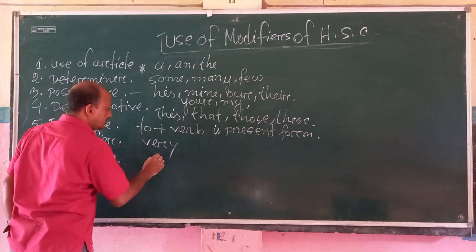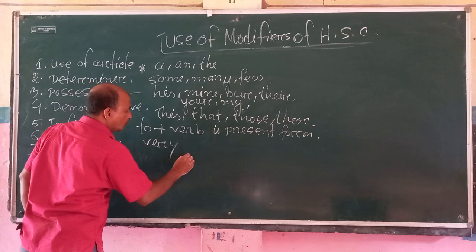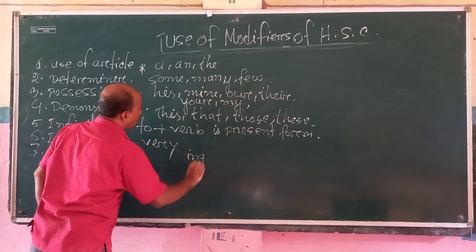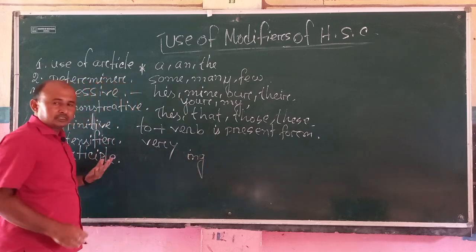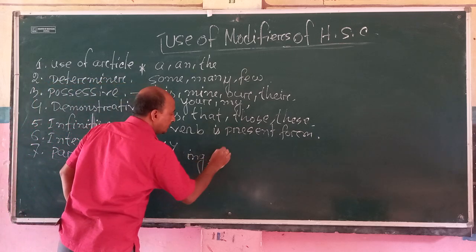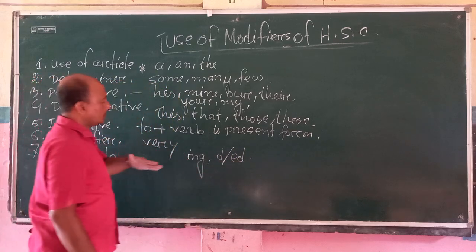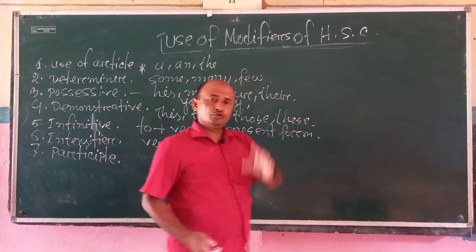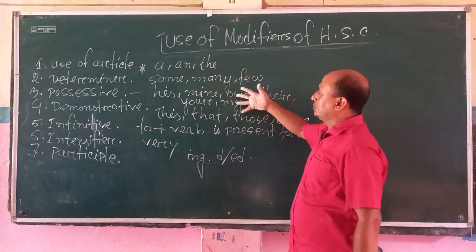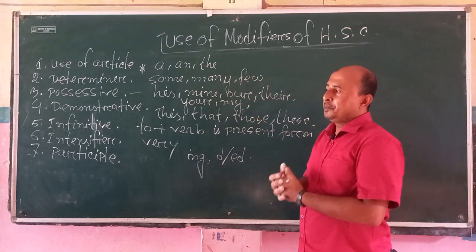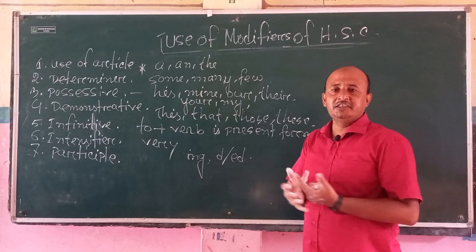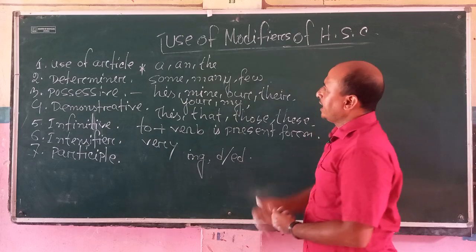When we use ing at the end of a verb it is called present participle, and when we use d or ed it is called past participle. You may need to use these modifiers to fill in the gaps in H.S.C examination question number 9.